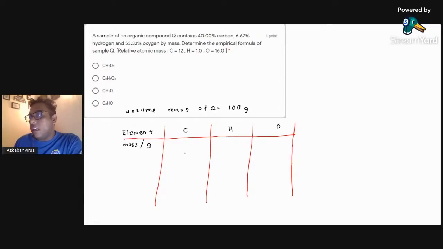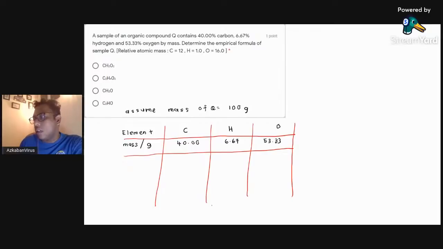So ini adalah 40.00. Ini 6.67. Ini adalah 53.33. Dan kita cari mole. Ini adalah 40.00 bahagi 12, 6.67 bahagi 1, 53.33 bahagi 16.